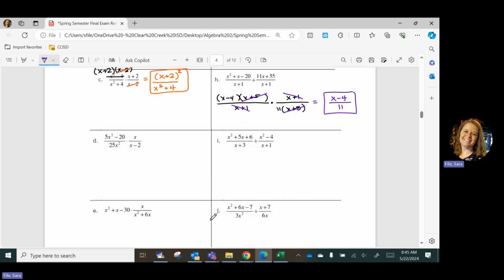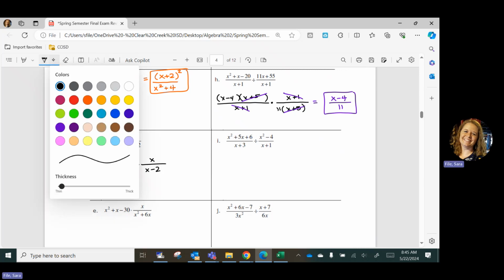All right, in D, we've got to factor again. There's a lot of practice on these. So I'm going to factor out that 5, and that's going to leave me with x squared minus 4, which again is a difference of squares. So that's going to factor to x plus 2, x minus 2. And then my denominator is just 25x squared. And then this one doesn't factor at all.